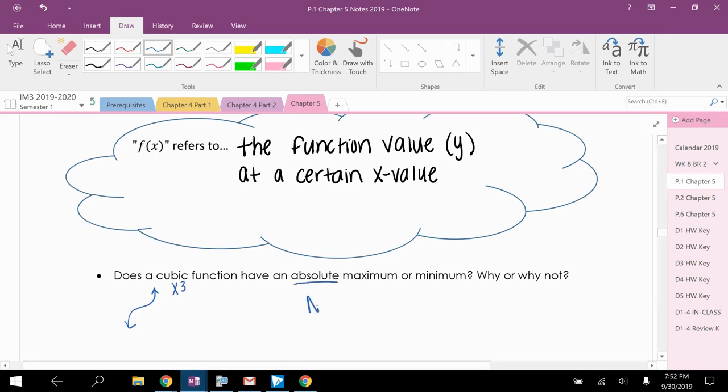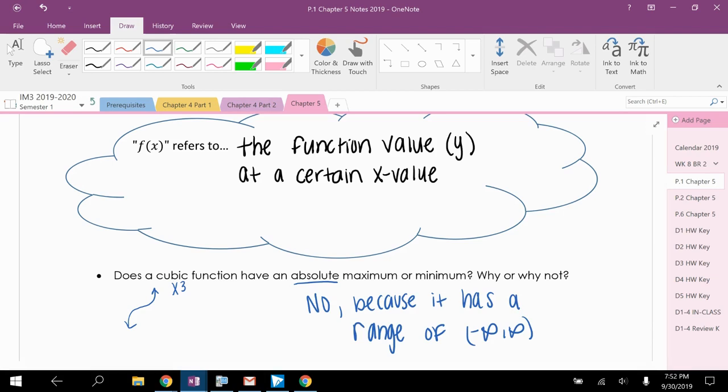So no, because it has a range of all real numbers. So it will never have something that's the highest point, which is the max, or a lowest point, which is an absolute min.